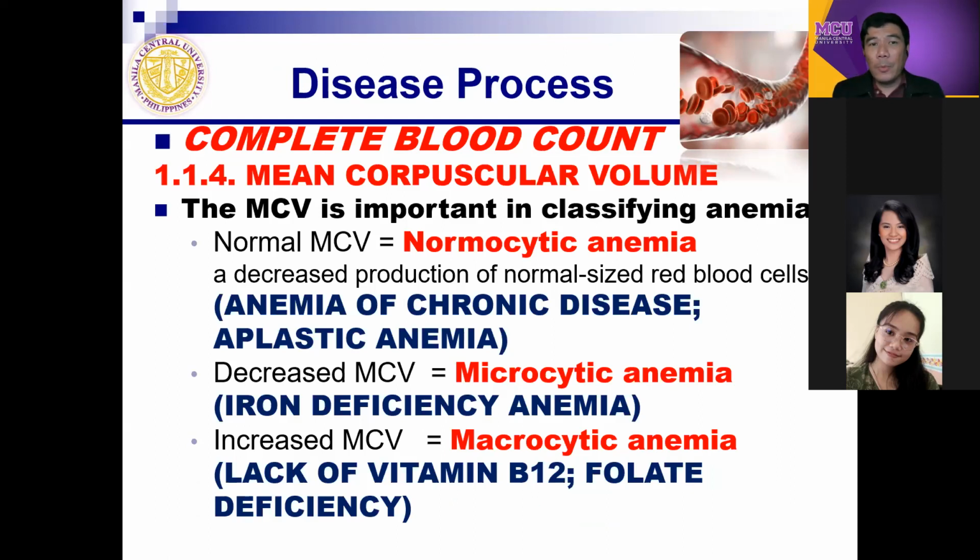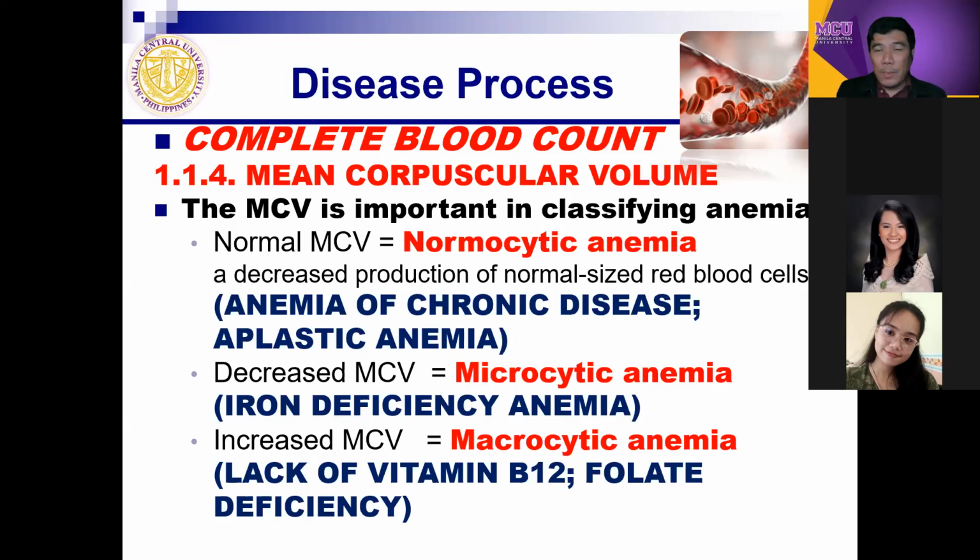So the MCV is important in classifying anemias. So pagka mean corpuscular volume, ang normocytic anemia, obviously, even though it's normocytic, abnormal pa rin siya. So yung size of cell are normal, pero less naman yung RBC at less din yung volume.